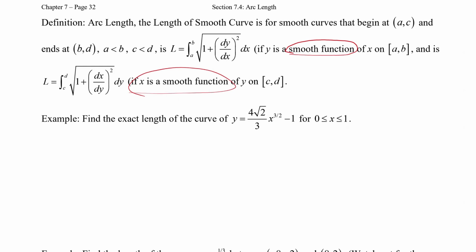What do we mean by smooth? I'm going to say that it means that dy dx, in this case, is not undefined.